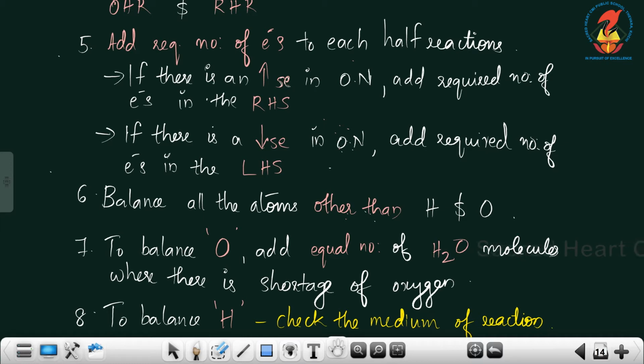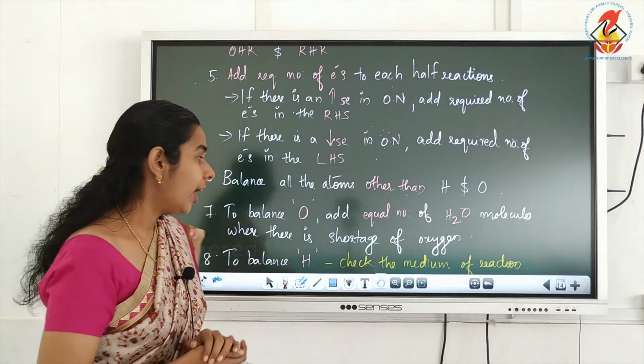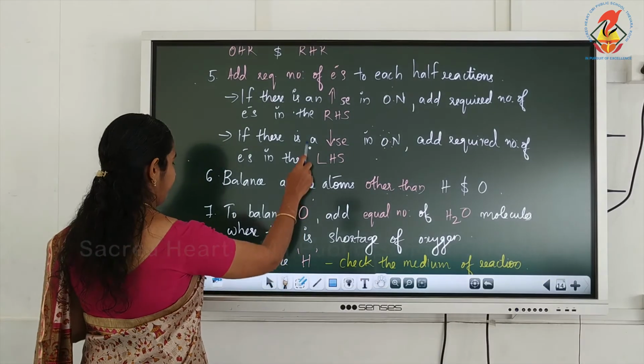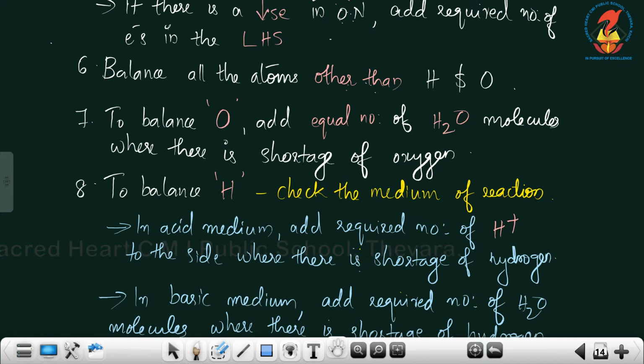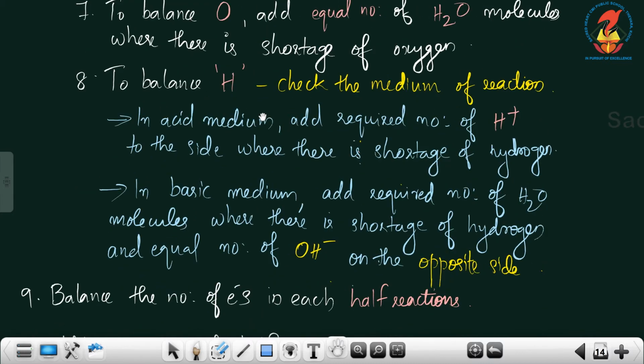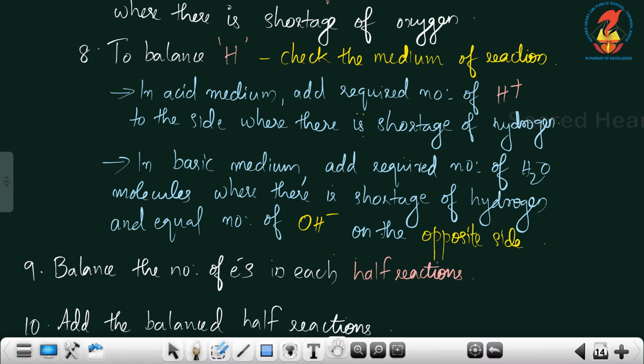How to balance hydrogen: before balancing hydrogen we have to check the medium of the reaction given. If the medium is acidic, add the required number of H+ where there is a shortage of hydrogen. In basic medium, we balance hydrogen by adding the required number of water molecules where there is a shortage of hydrogen.